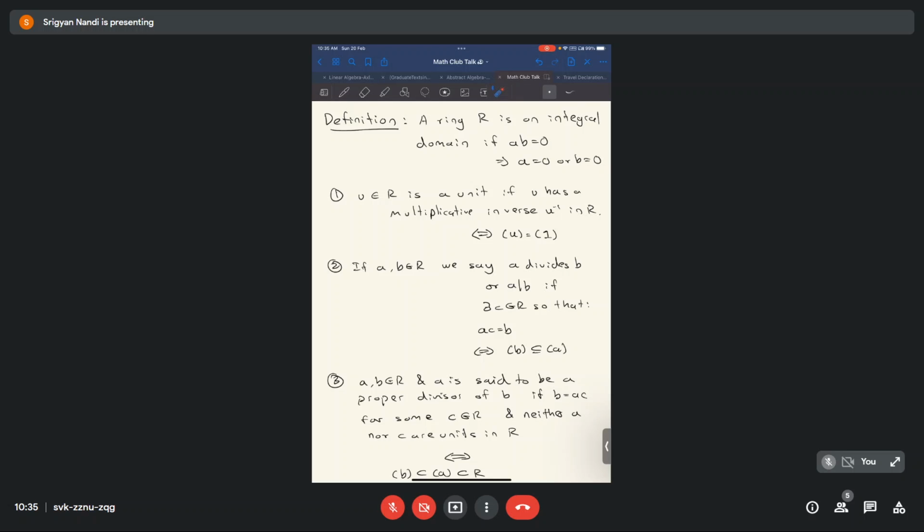That is, we cannot have that the product of two non-zero elements is zero in the ring. That's a fairly decent assumption to make because a lot of the number theory that we actually do in any setting will rely on this fact that any two non-zero elements cannot have a zero product.